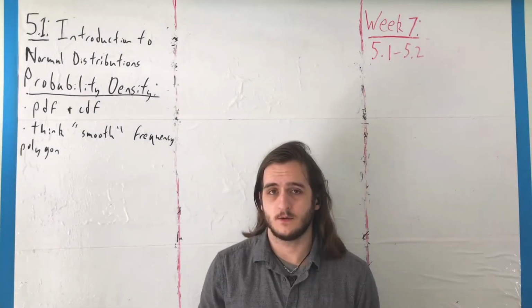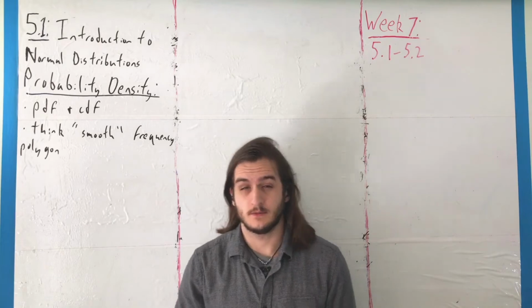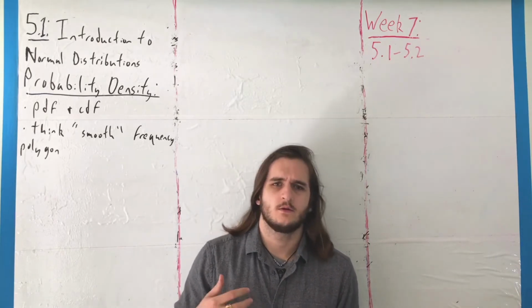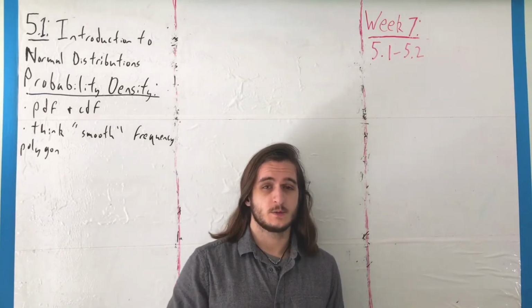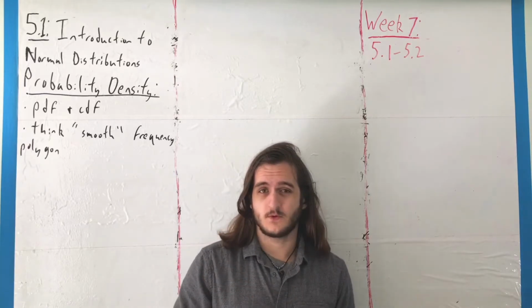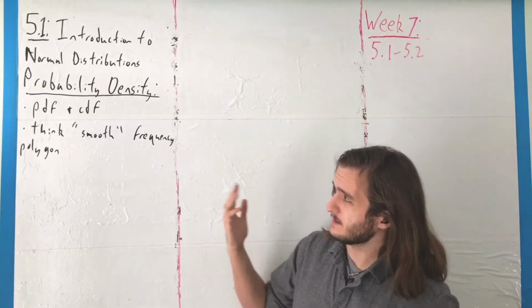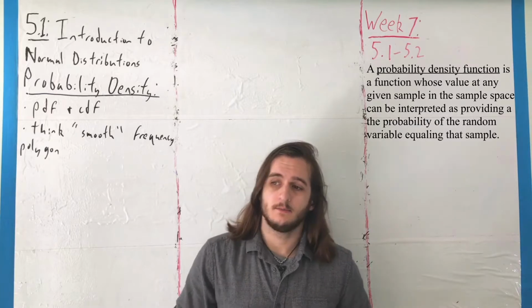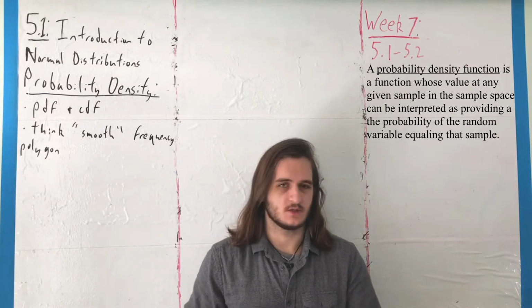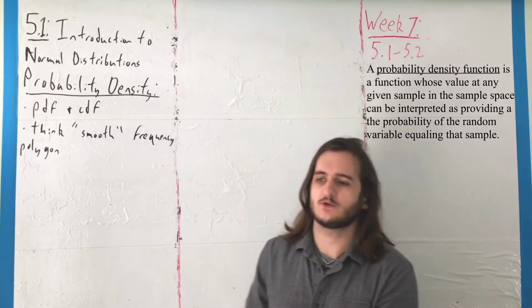Before we talk more about the normal distribution in particular, just a quick reminder on those functions that we talked about at the end of chapter 4, where here we're looking at what are called probability density functions, or PDFs. We talk about these as distribution functions and cumulative distribution functions.